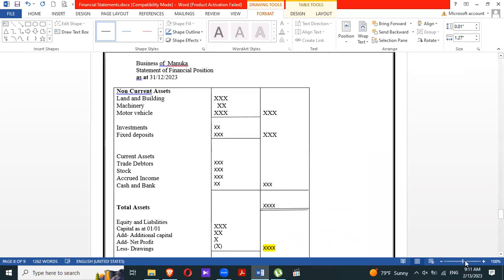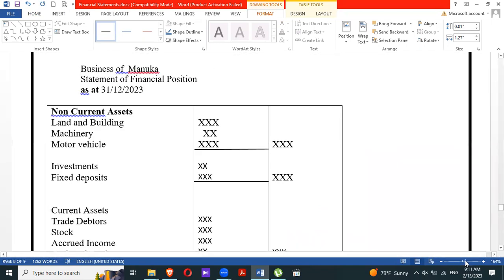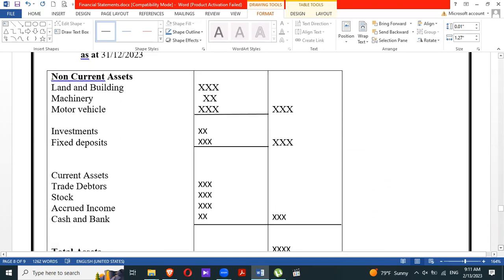First, we have to write the heading using three lines. First line, name of the business. Second line, name of the statement. Third line, time period. When you write the time period, definitely you have to use the term asset. Otherwise, it's wrong, right? Then the first title should be non-current assets. Under non-current assets, you mention tangible non-current assets first, then intangible non-current assets.